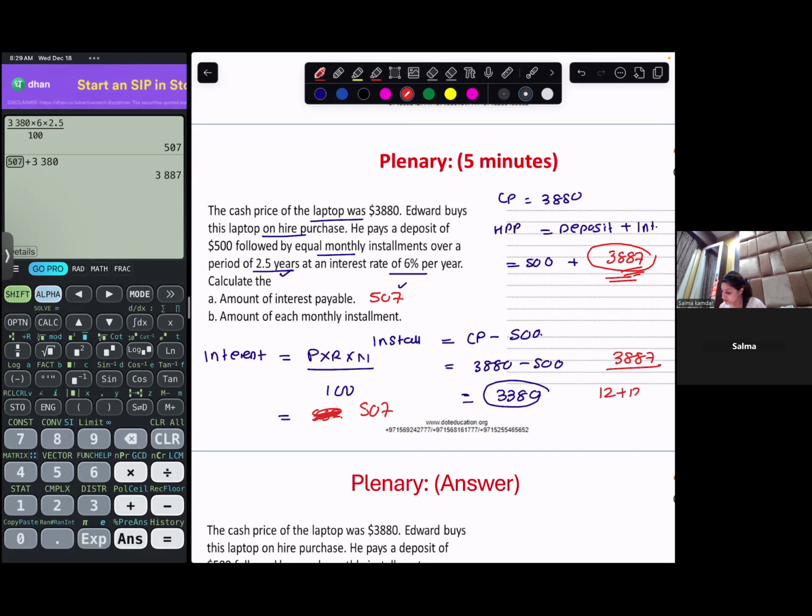Now my installments would be 3887, and I am going to pay this 3887 over 2.5 years. That means 12 months, 12 months, and 6 months. 24 plus 6, that is 30 months. So 3887 I'm going to pay over a spread of 30 months.